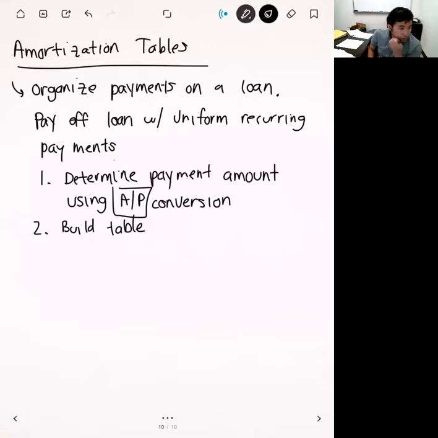Okay. All right, so let's do another example where we're going to be building an amortization table. Right? And so I'm not going to do the whole example just because there is a lot to these problems. But this will just give you the idea of how to actually perform these computations. Okay. All right, and so in this example, let's say that you are remodeling your home. And so let's say that you're remodeling your kitchen and your bathroom. And the total cost of this renovation is going to be $165,000. Okay.